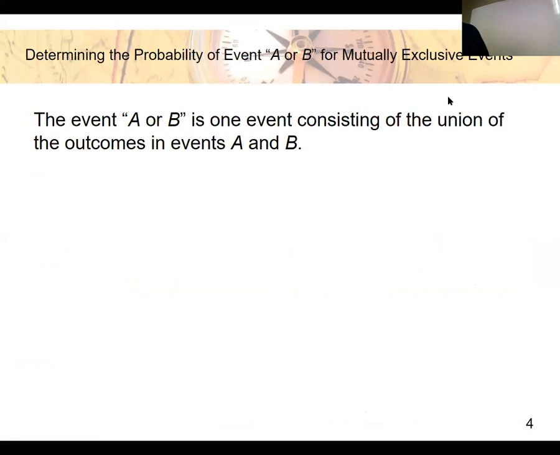Okay. So here the event A or B is one event consisting of what they call the union of the outcomes in events A and B. And the word or is going to be that inclusive or, meaning either event A or event B, or it could be both events A and B.